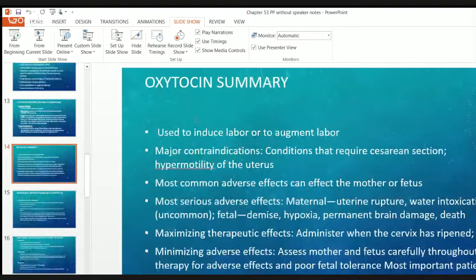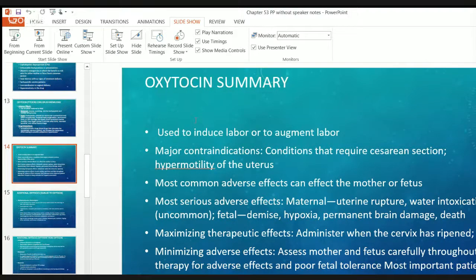So when we look at oxytocin in summary, and this is pretty much ending this section on the medications that stimulate labor, or that we use to augment or reintroduce labor to a woman whose labor has slowed down, we again see that it's used to induce or augment labor. Major contraindications are conditions that we already know require a C-section, where this woman is not intended to have a vaginal delivery.